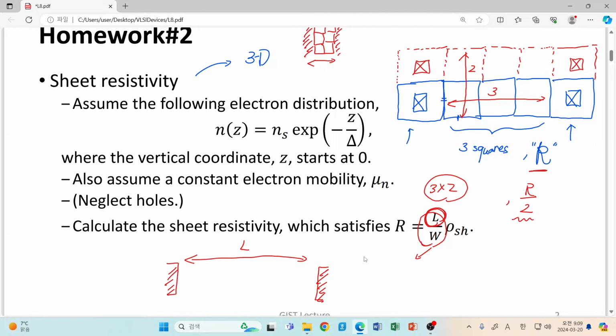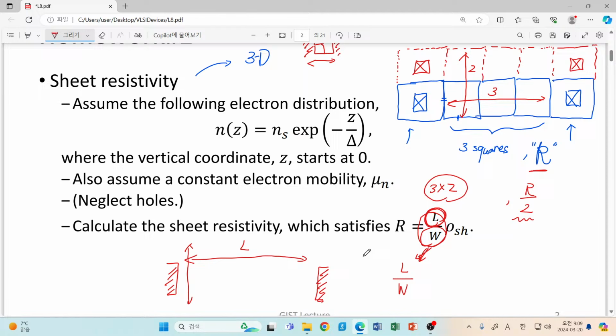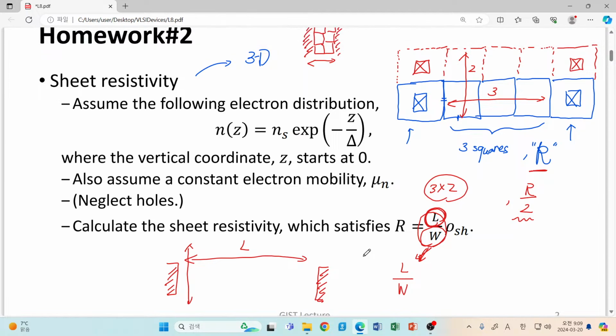And once again, if the width becomes wider, then the resistance will be reduced linearly. So you can easily understand there occurs a certain number like L over W, not exactly only L, not exactly only W, but the ratio is important.